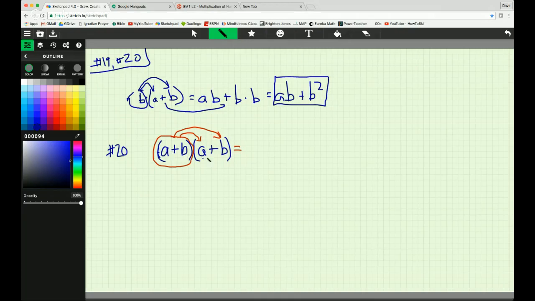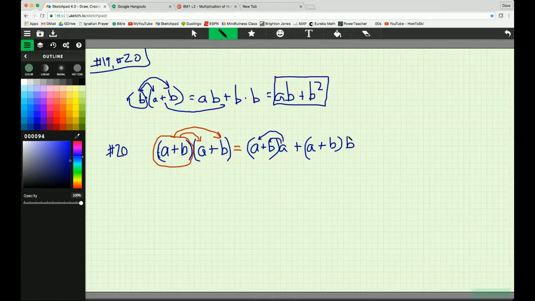Well, a plus b in parentheses times a is a plus b times a. And then a plus b times b is a plus b times b. Well, we have another distribution problem. And remember, distribution can work with the a in front or the a in the back. So let's draw our arrows here.